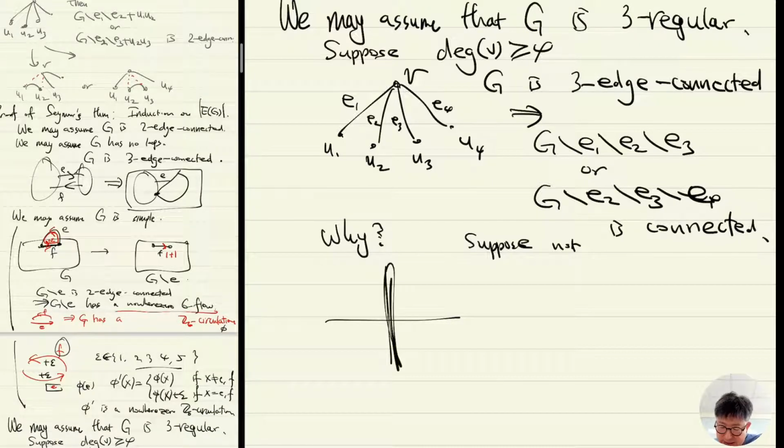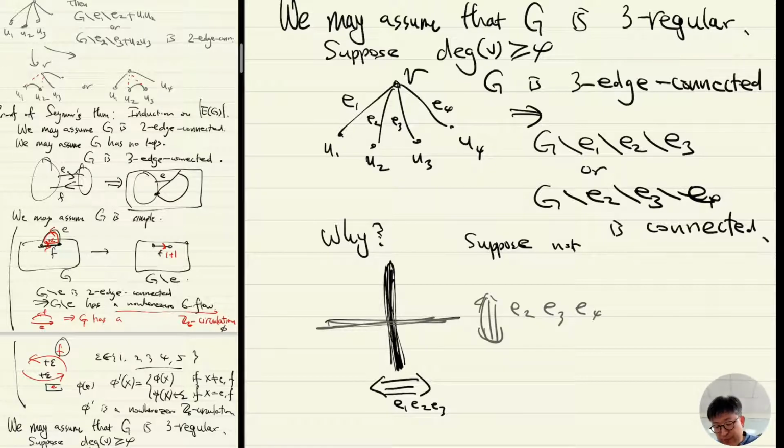So this is a partition for E1, E2, E3. So E1, E2, E3 crosses this cut, right? So all the edges except E1, E2, E3 are on the left hand side or right hand side. And let's say this is the crossing for E2, E3, E4. Alright, so also, when I delete E2, E3, E4, I can partition the graph into 2 parts.